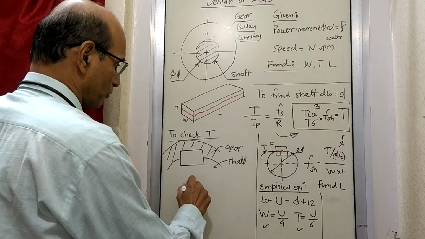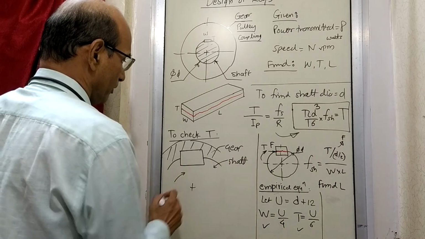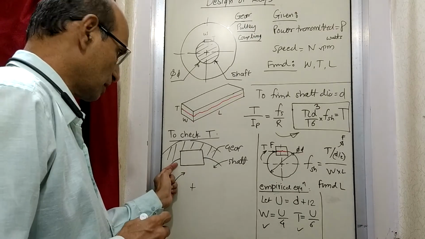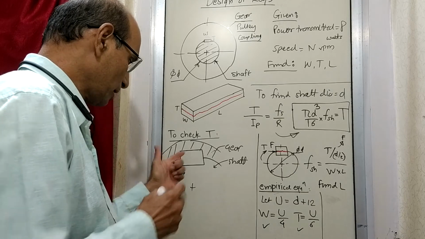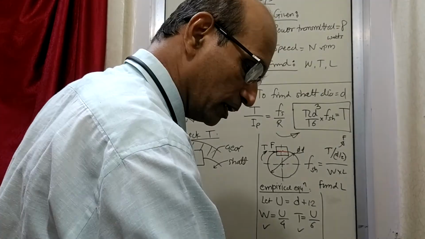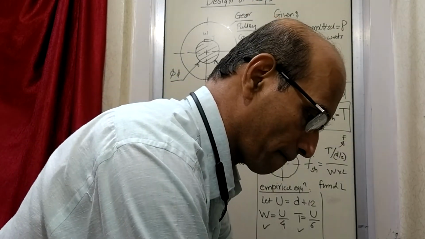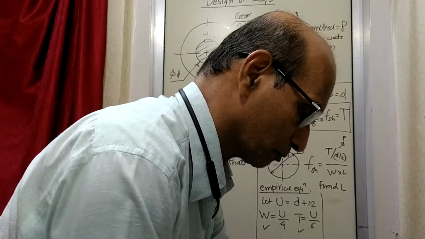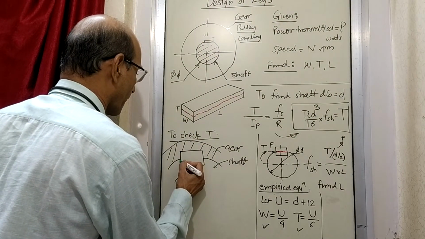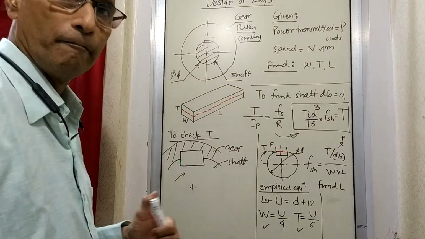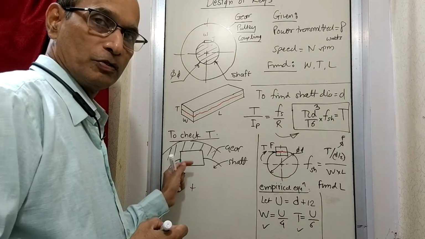Okay, so when the shaft rotates, this part of the shaft is pushing the key from here. So this much surface of the key is taking the load of the shaft.